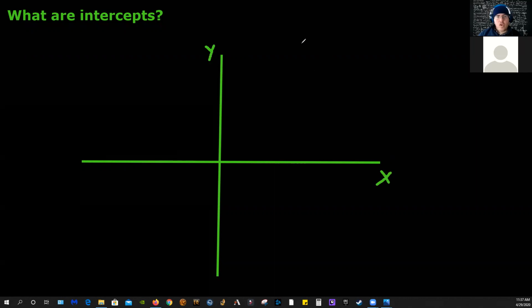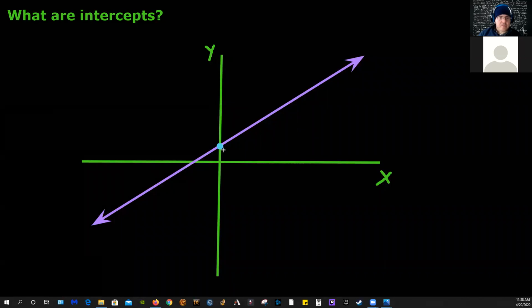So when you've got a function going through your system like so, it will connect with your axes sometimes.